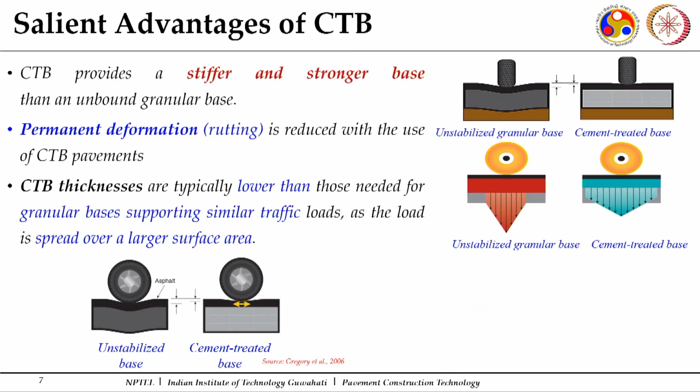Now, there are advantages to using these cement treated base courses, because these are stronger layers, these are stiffer layers, and because of which they allow the distribution of load over a wider area. Because the strength is more, you can go with a smaller thickness of base course compared to the thickness required when these are unbound courses.